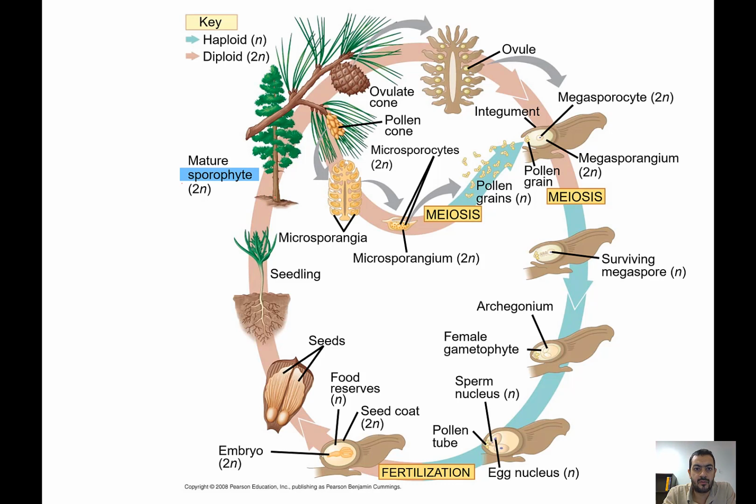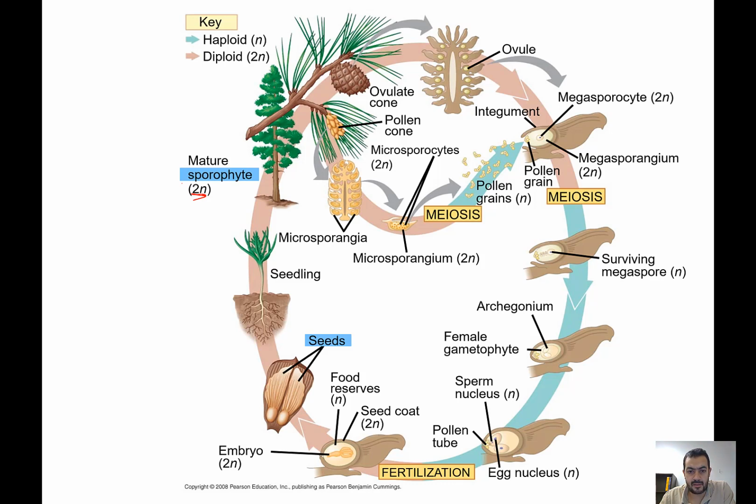So if you think of this tree, what you can see now, the part that you will see is the sporophyte, and as you remember, sporophytes are the diploid stage. Also, we discussed that they are characterized by having seeds.